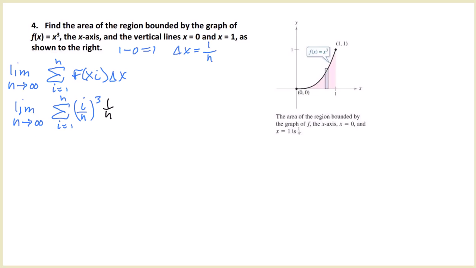Do we have any constants? So I go ahead and cube this so we can see what's going on. I've got 1 over n cubed and 1 over n, and they're being multiplied. Those are constants. So would it be 1 over n to the fourth?